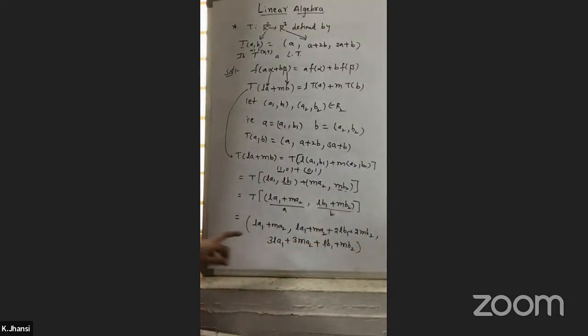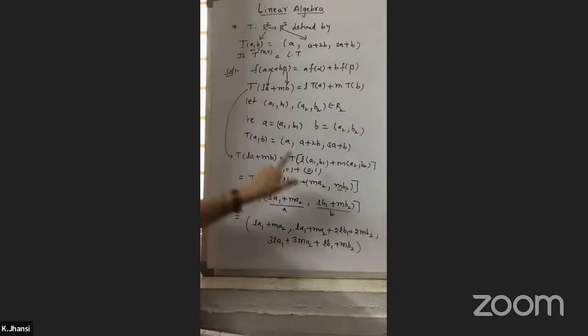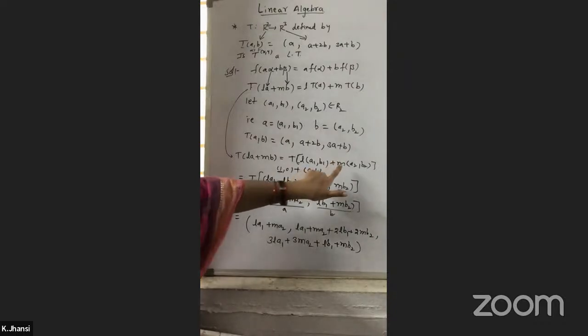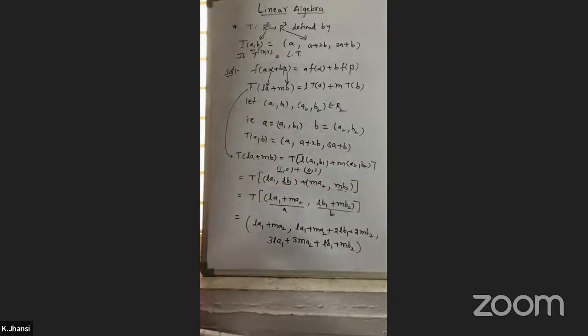So now here we have T of LA plus MB. You have to convert this result into T of L into A1 comma B1 plus M into A2 comma B2.